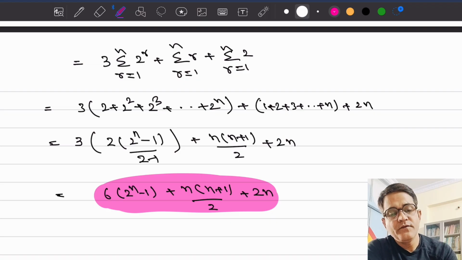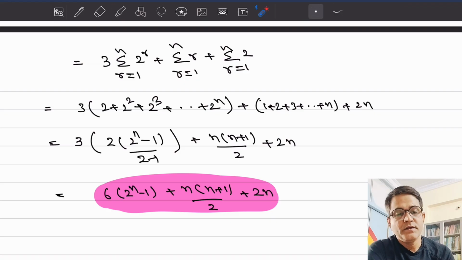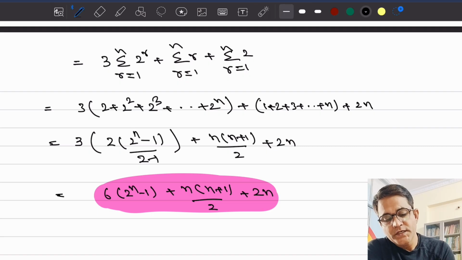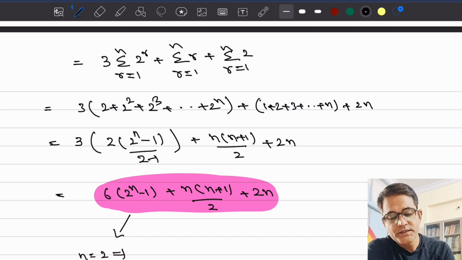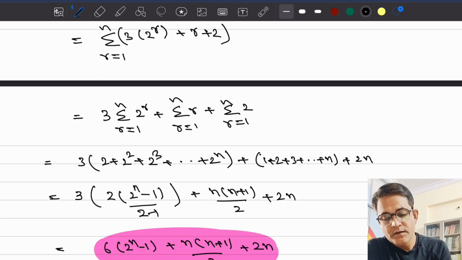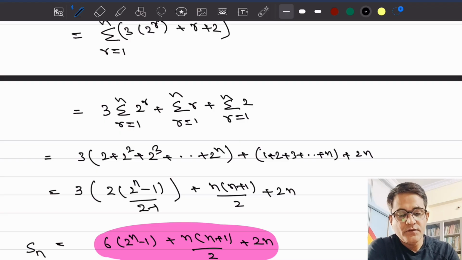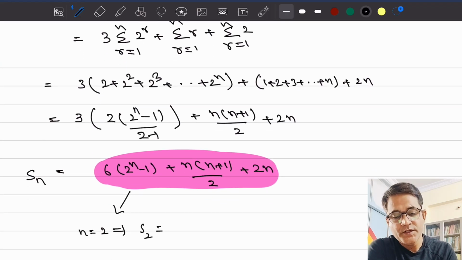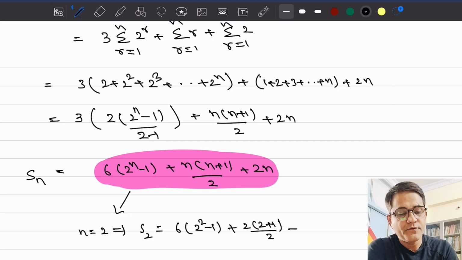So here also we can verify whether our answer is correct or not. Just put n is equal to 2 in this one to check our algebra. If you put n is equal to 2, you should get S2, because this is Sn. You should get the sum of two terms. So 6 into 2 square minus 1 plus 2 into 2 plus 1 by 2 plus 2 into 2.